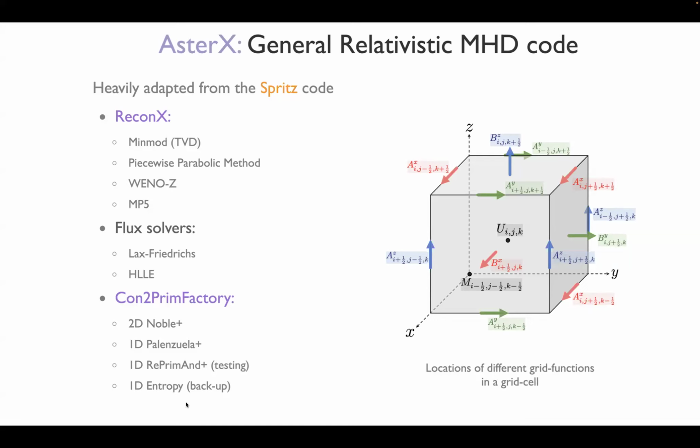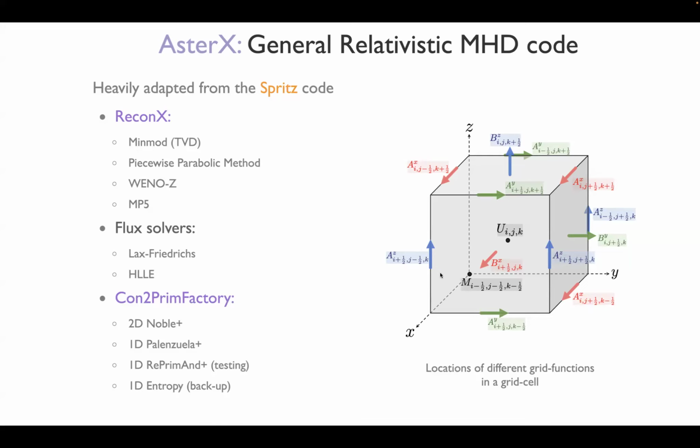Now, AsterX also evolves the vector potential instead of the magnetic field. And the plus point of using CarpetX is that it allows for staggering of these different variables. For example, you can have cell-centered, vertex-centered, face-centered, as well as edge-centered variables. So you can store them in these different locations.